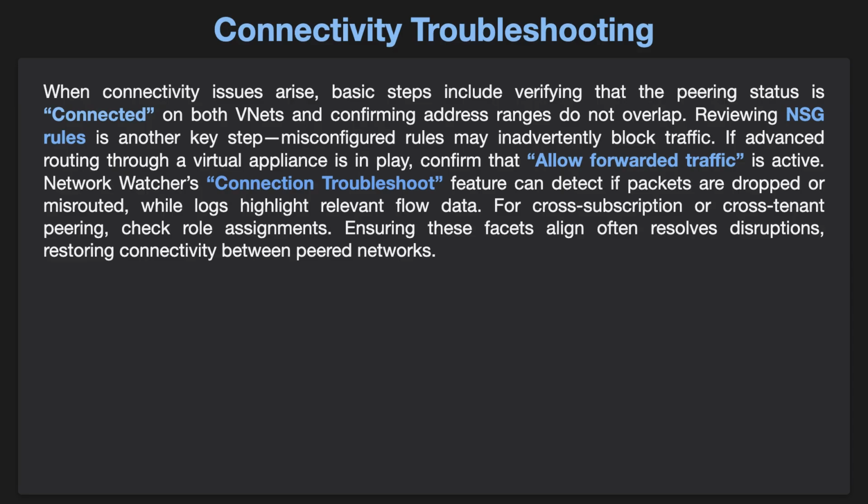Network Watcher's Connection Troubleshoot feature can detect if packets are dropped or misrouted, while logs highlight relevant flow data. For cross-subscription or cross-tenant peering, check role assignments. Ensuring these facets align often resolves disruptions, restoring connectivity between peered networks.